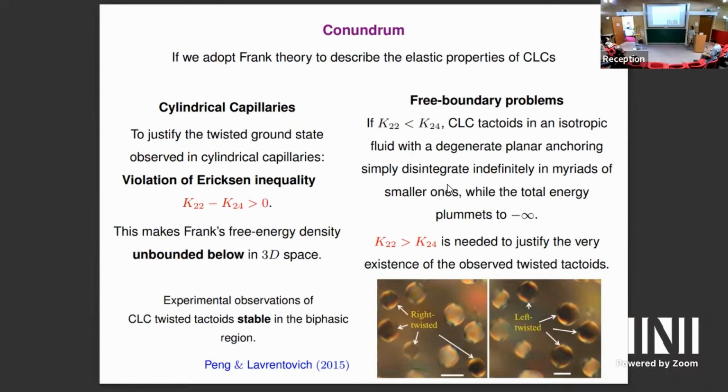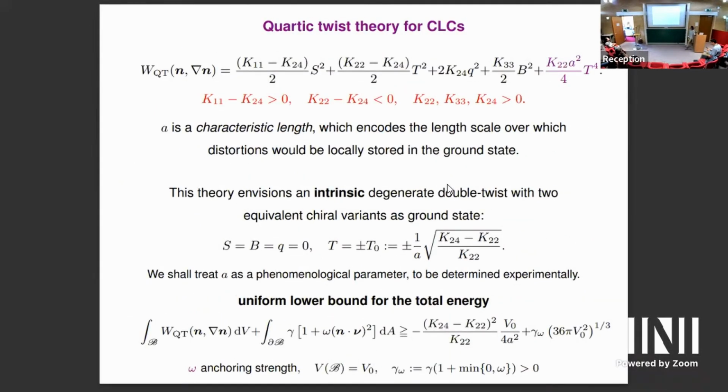To overcome this contradiction, we propose a minimalistic free energy, which adds to the classical Frank free energy density a quartic term in the double twist mode, and hence the name quartic twist theory.